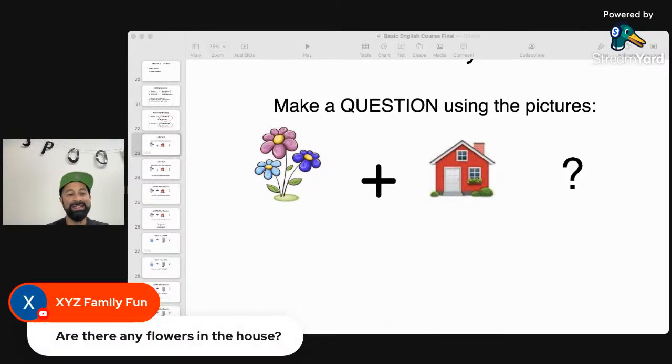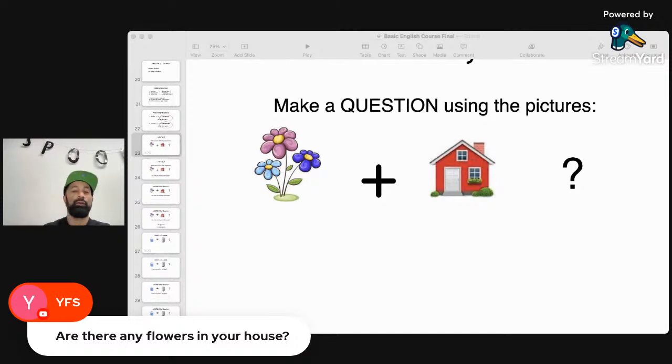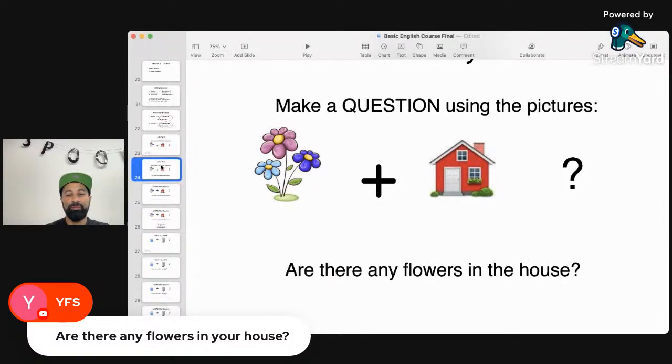All right, are there any flowers in the house? Excellent. YFS, are there any flowers in your house? Perfect. How do we answer that? Okay, are there any flowers in the house? What's your answer for this? Who can give me an answer for this? Anybody who's watching now, either live right now or during the replay, are there any flowers in your house?